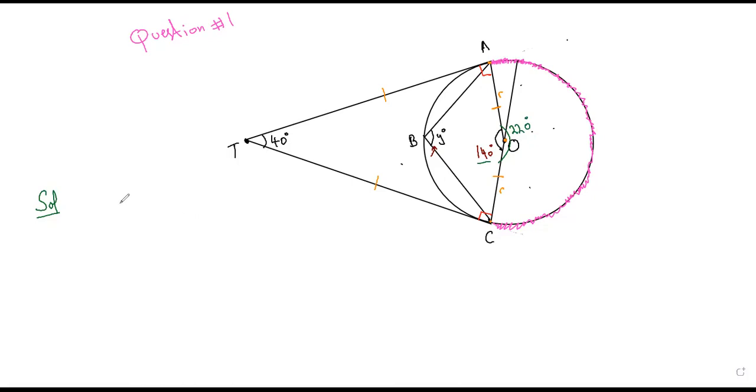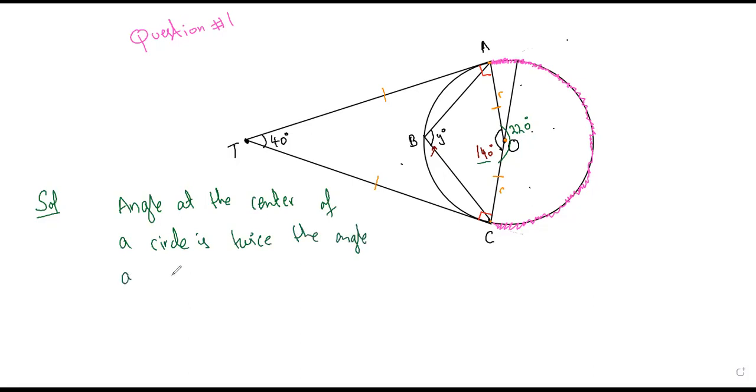So I'll write down the solution. Angle at the center of a circle is twice the angle at circumference.